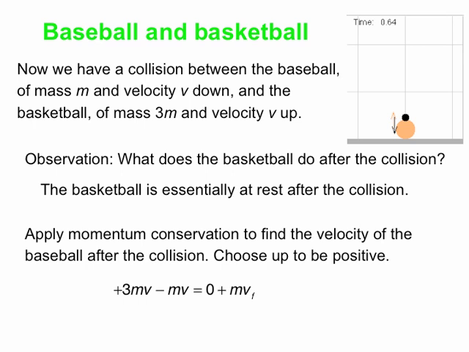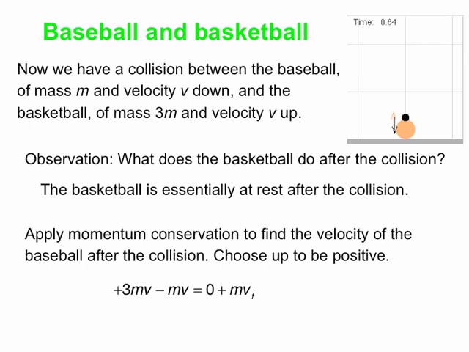Up is positive. The basketball is traveling at v up with a mass of 3m, so its total momentum is 3mv in the positive direction. The baseball, mass m, velocity v down, has a momentum of negative mv. The negative sign indicates the momentum is directed down.